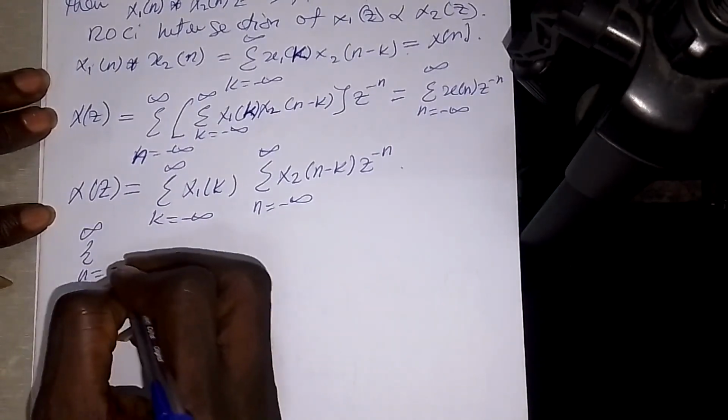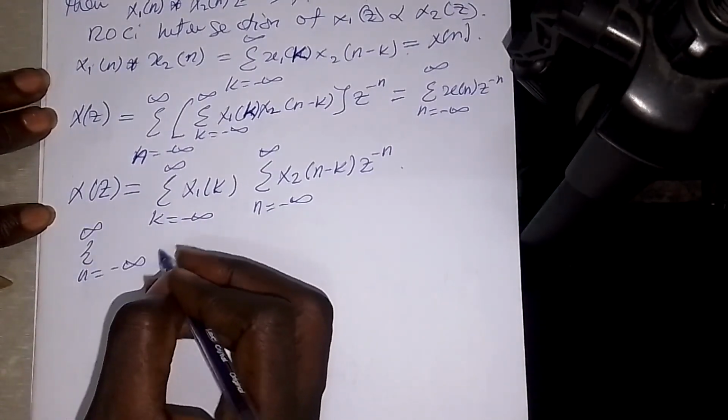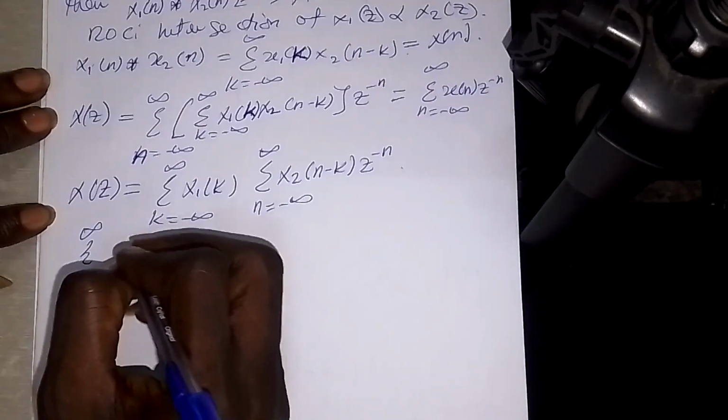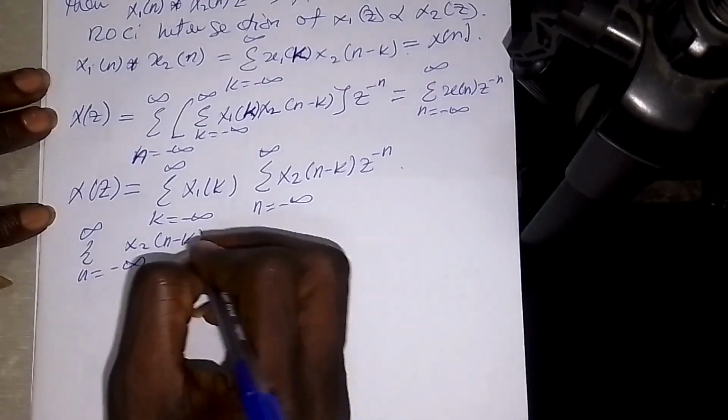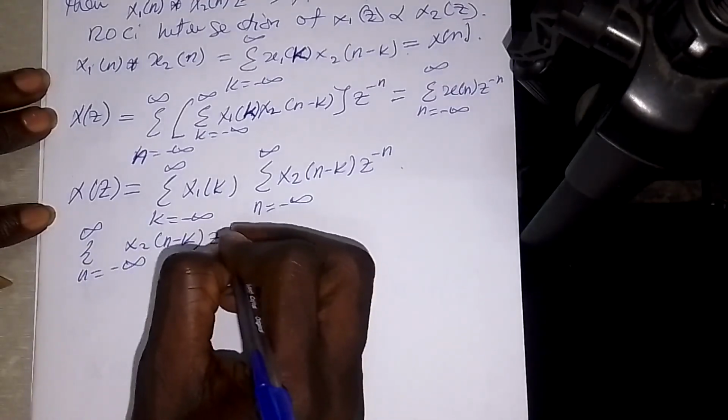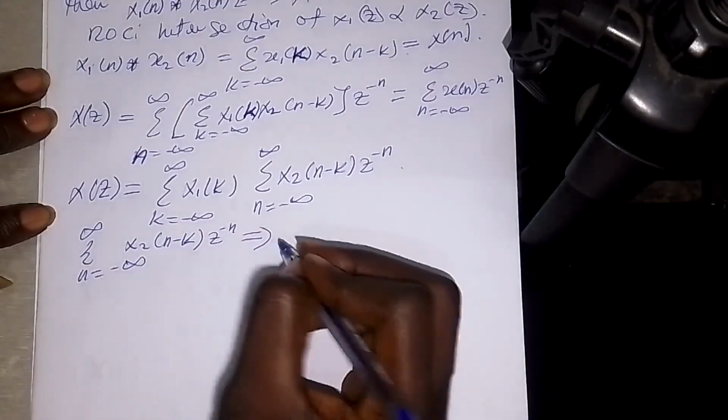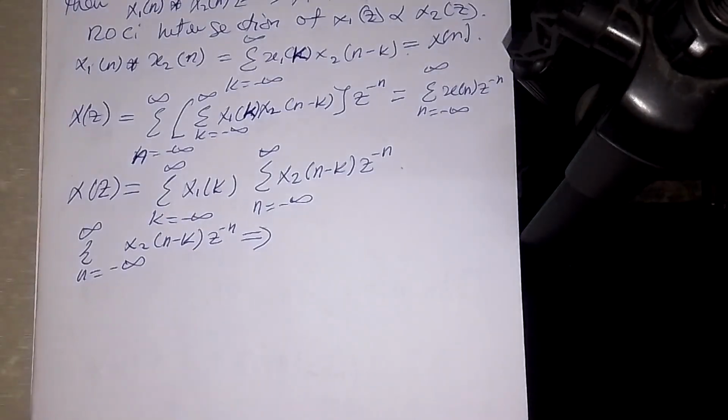Okay, but what you can deduce from here is that whenever you have n equal to minus infinity, and then you have here x2 of n minus k into z to the minus n, you see that it is the same thing as our time shifting. So please, you can revisit the time shifting property that we did. What did we get for time shifting?